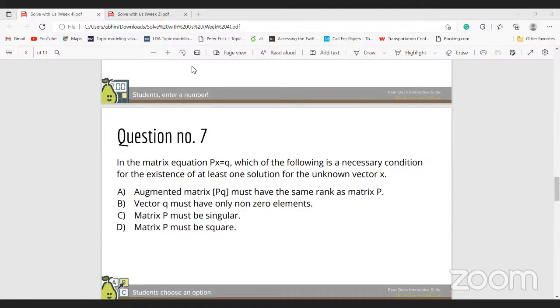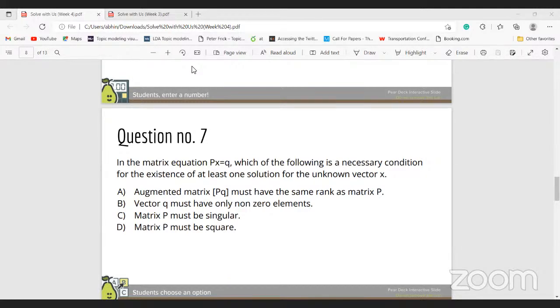Now suppose the rank of PQ is not equal to the rank of P. Then there are two situations: rank of PQ greater than rank of P, and rank of PQ less than rank of P. Suppose rank of PQ is less than rank of P. It means 1, 2, 1, then 0, 0, 0, and P will be 1, 2, 3, 4.